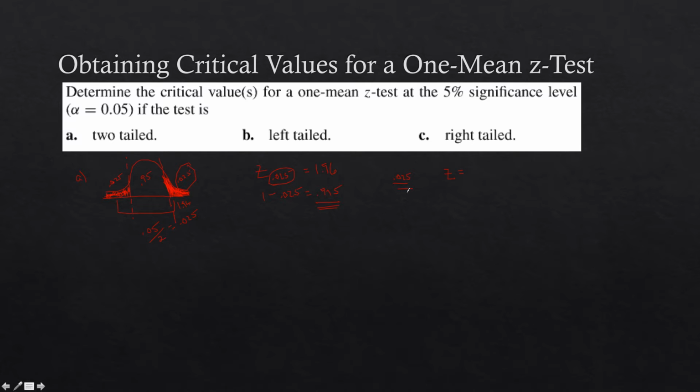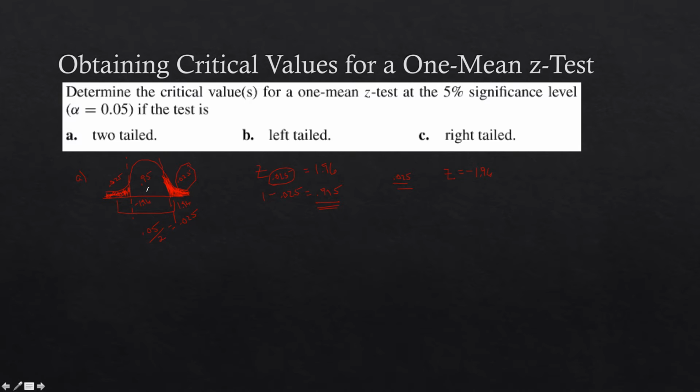So I'm going to turn back there with you, and if you turn to your appendix in your book, and you look at table 2, and look for 0.025, you should get negative 1.96 for that z-score. Well, look, that was positive 1.96, negative 1.96 for that critical value.